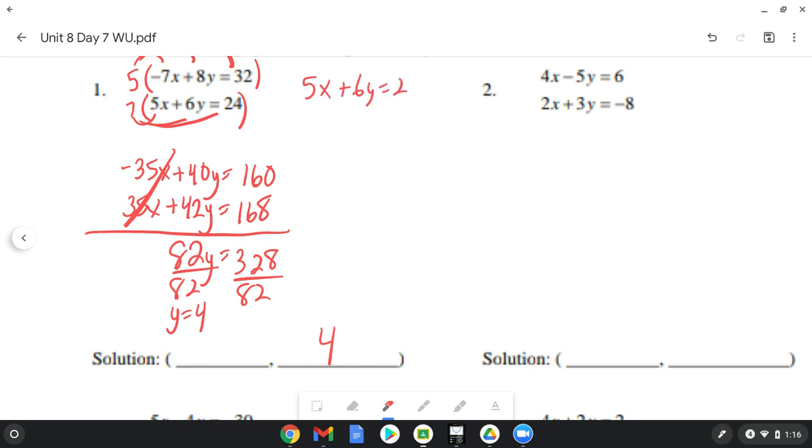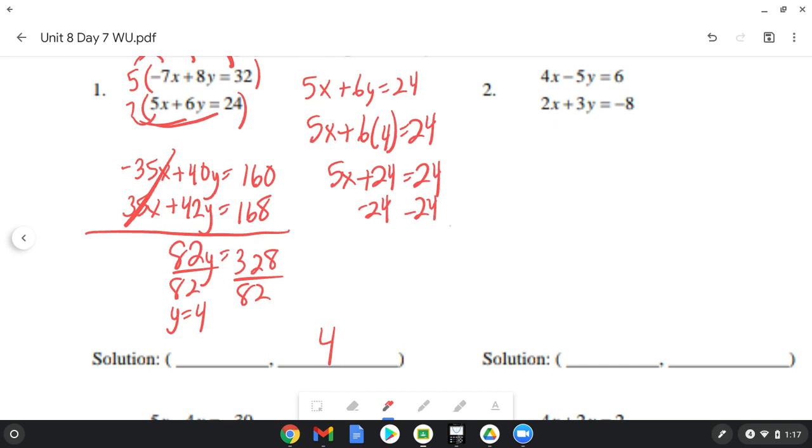I'll choose the bottom. So I have 5x plus 6 times 4 is equal to 24. So it'd be 5x plus 24. We subtract the 24. We get 5x equals 0. So x equals 0. So 0, 4 is your answer for number 1 on the back here.